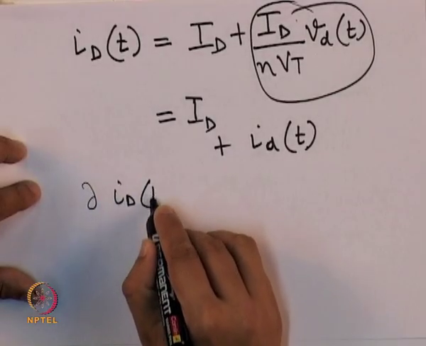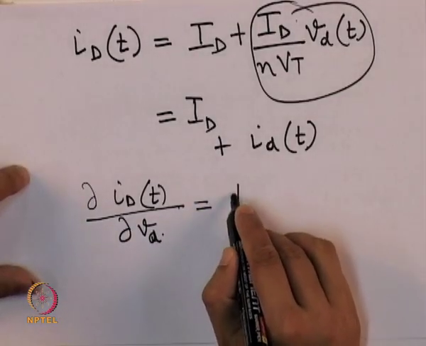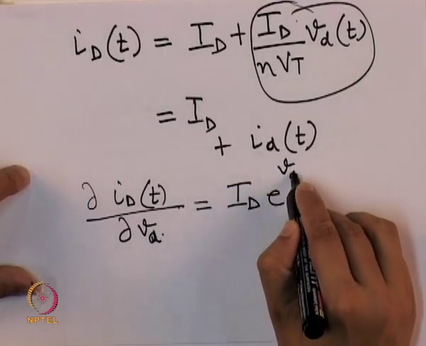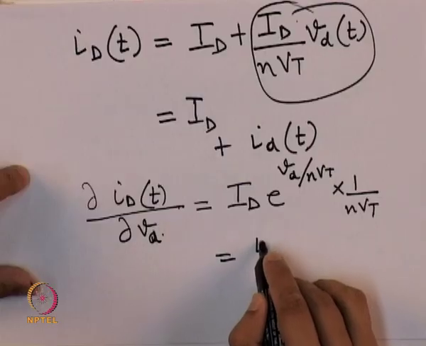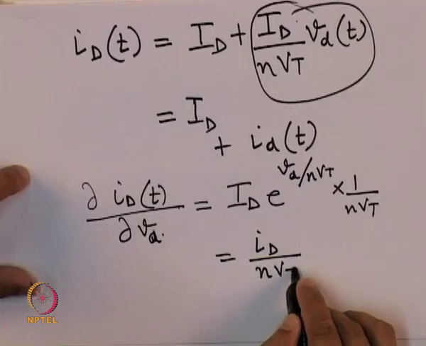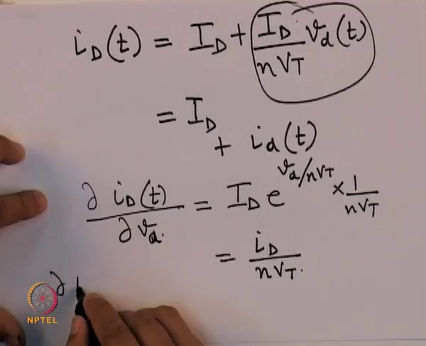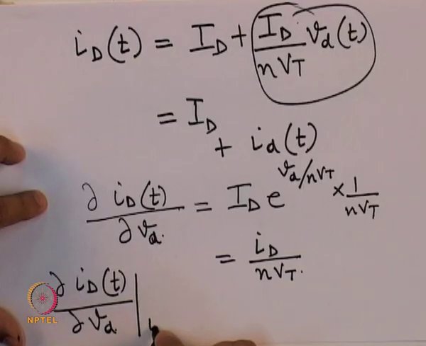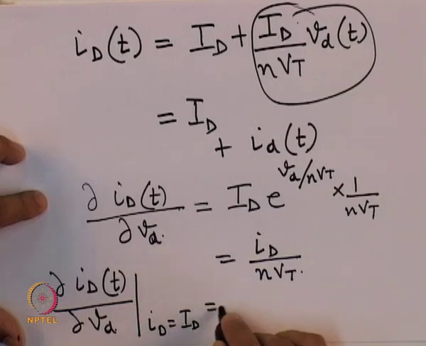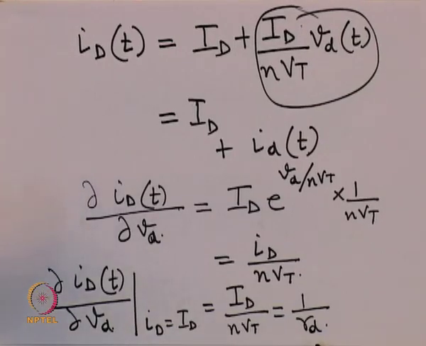So, I am differentiating the AC plus DC current with respect to the AC voltage, and what I get is, at the DC bias point, this, and say this I call as 1 upon R d. So, this is the AC resistance.